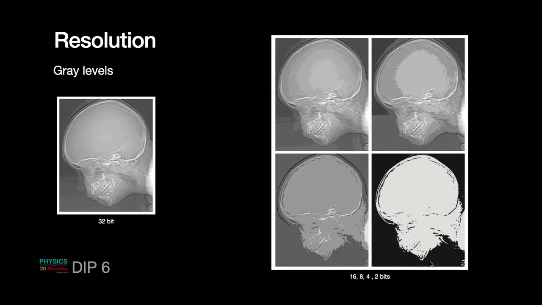So, reducing resolution. To summarize this discussion, resolution has two components. One is called spatial resolution, and the other one is called gray level resolution. So if anyone asks or discusses what is the resolution of an image, you must ask the question: which resolution are you talking about?